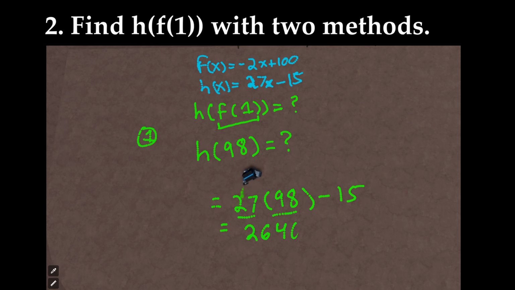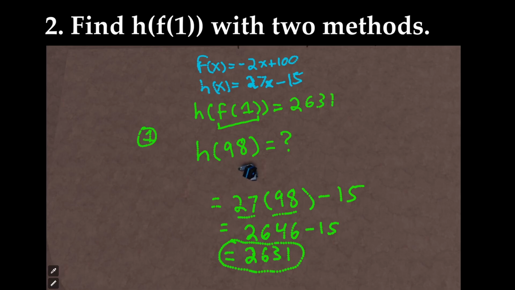Then you have the minus 15. And then 2646 minus 15 is just 2,631. And just like that, we've solved for h of f of 1 by starting with f of 1 and then working our way outwards. So I'm just going to put down 2631 there. And we're done with the first method.